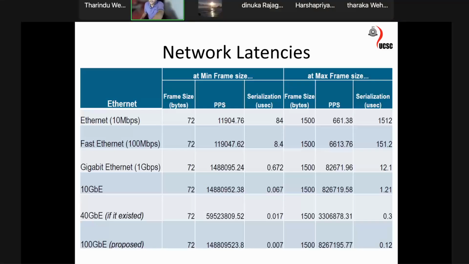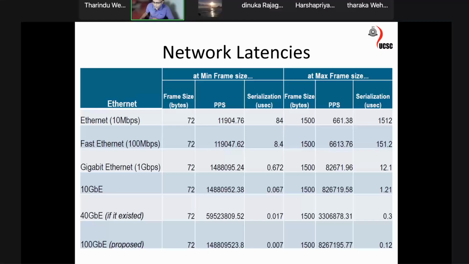It's 1500 serialization, or 1512 microseconds. So you can see that when you upgrade to 100 Mbps, your latency is reduced by 10 times. It's 8.4. It's a tremendous reduction of latency. Similarly, if you go for 1 gigabit per second, your serialization delay is reduced to less than 1 microsecond.